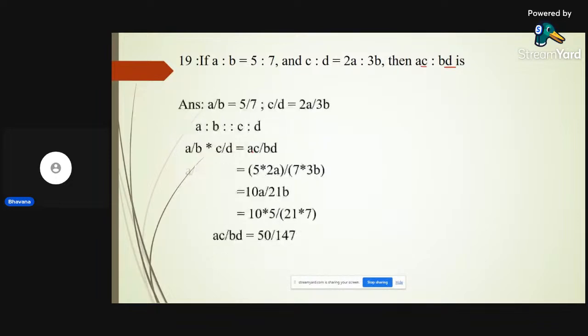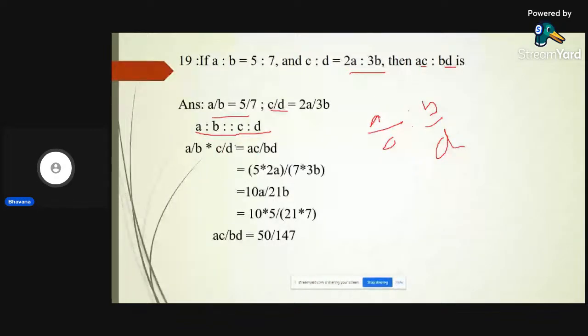Okay, let's see. A is to B means A by B, that is 5 by 7. Next, C is to D is given as 2A by 3B. So here we have 4 values, and we have to find the ratio AC to BD. So for AC and BD, first we have to substitute the values.